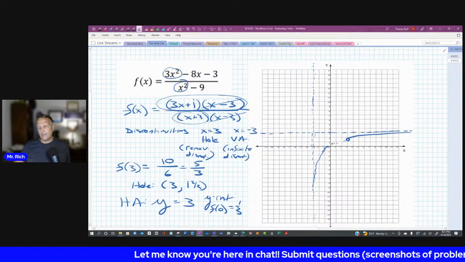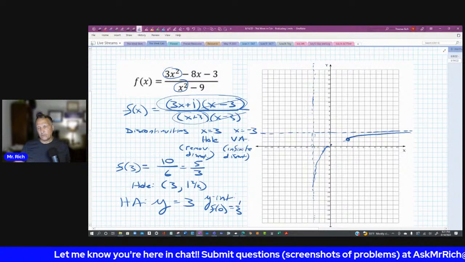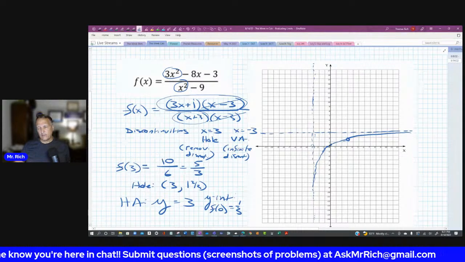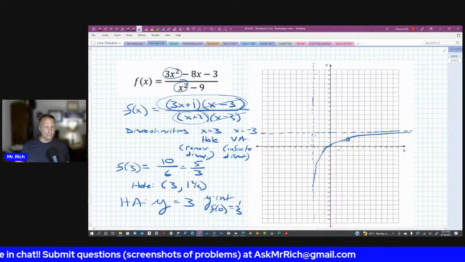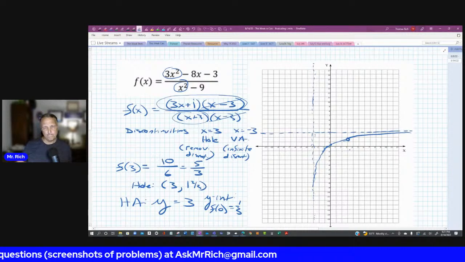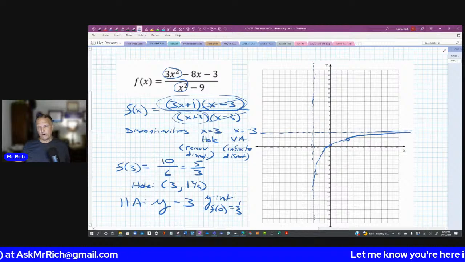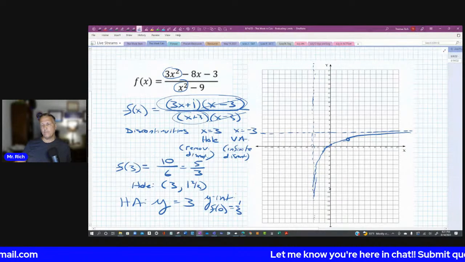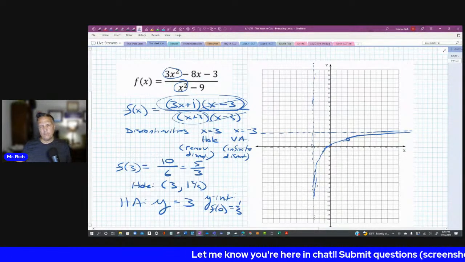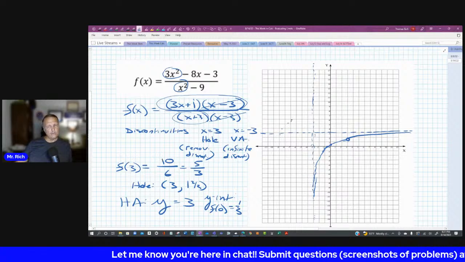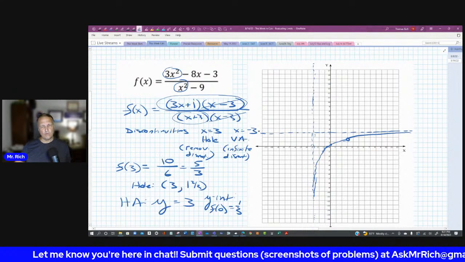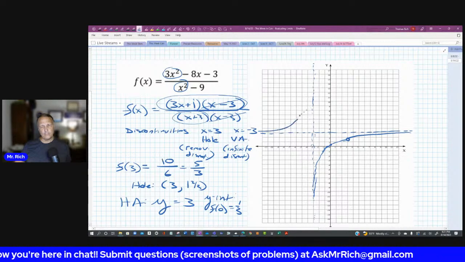So again, that makes sense that this thing's passing through the y-axis right there, then through the x-axis at a negative 1/3, and then making its way to the asymptote. Now, since I don't have any other x-intercepts, that means this function really has to be doing something like this.